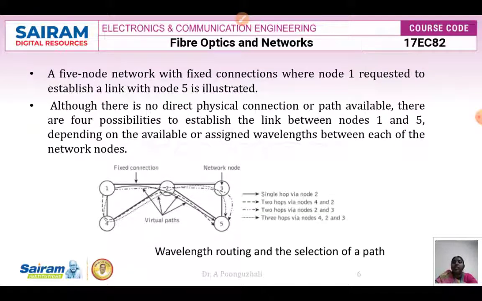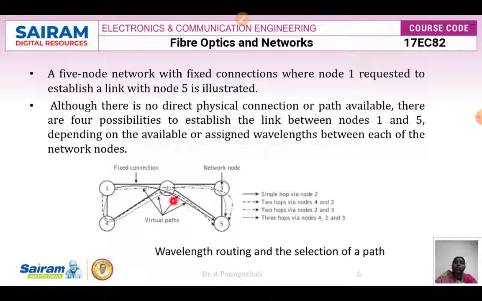Here we are going to take a 5 node network with fixed connections, where node 1 is requesting to establish a connection to node 5. We will see the ways in which node 1 can establish a connection with node 5. Here we don't have a direct connection between node 1 and node 5. So we can have the connection from node 1 through node 2 to node 5.